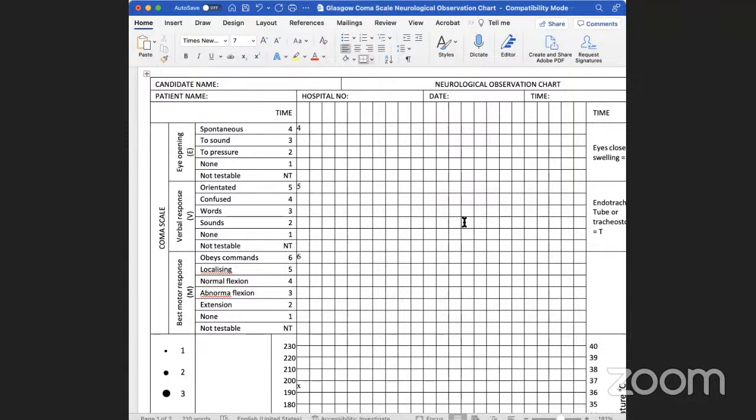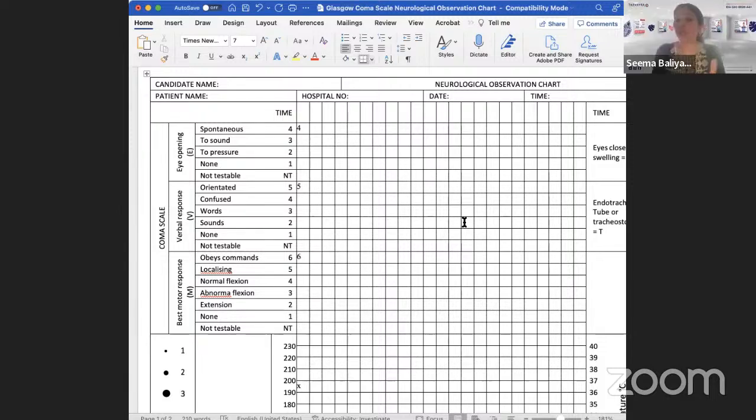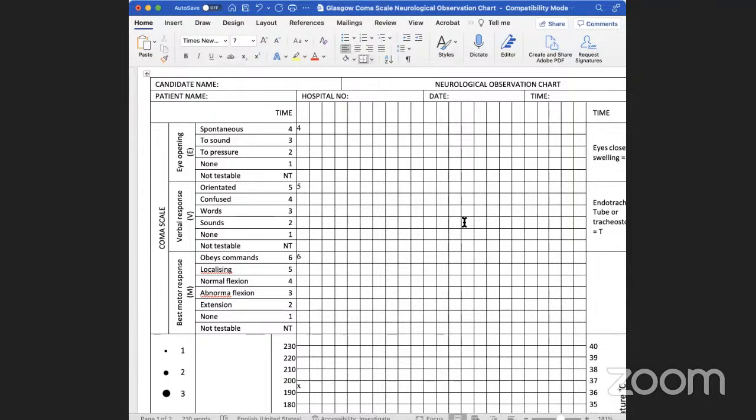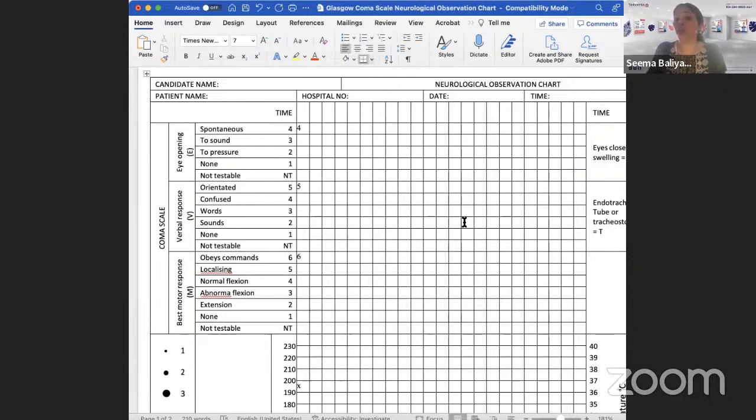When you do the NEWS chart, you want to find out what the monitoring frequency is. But if you're doing GCS, you are going to do it every 15 minutes because GCS patients can deteriorate very quickly. So you don't have to figure out the monitoring frequency. You already know it.